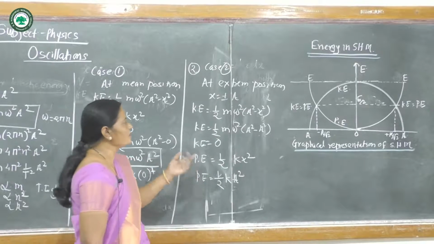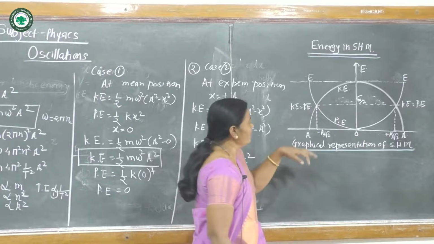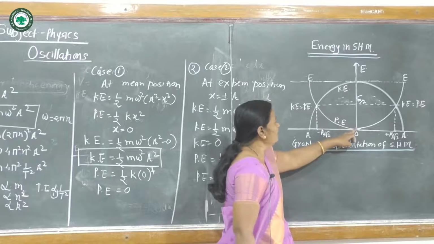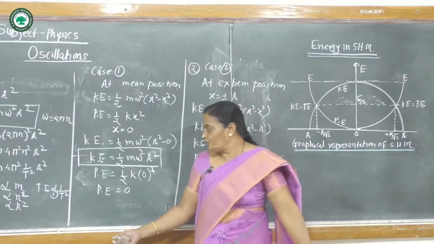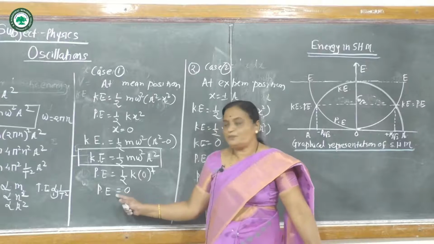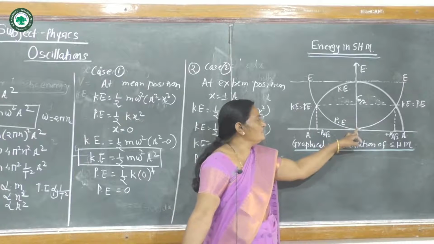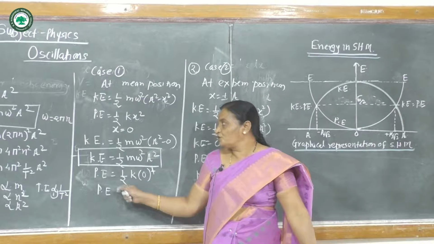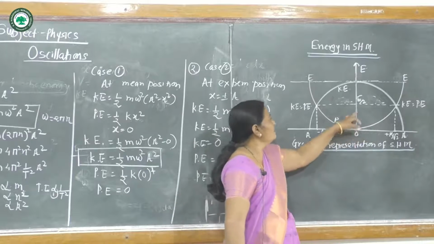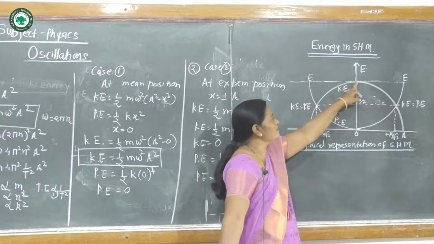Now see the figure. In the first case, at mean position potential energy is 0, and kinetic energy is maximum here.